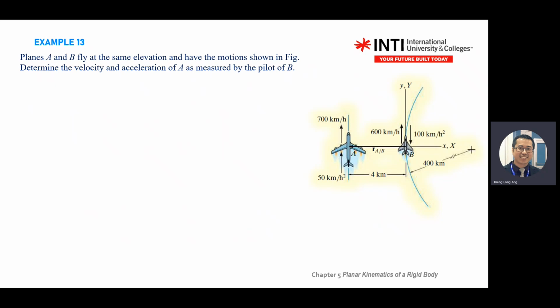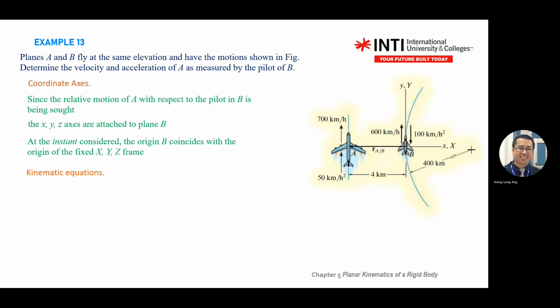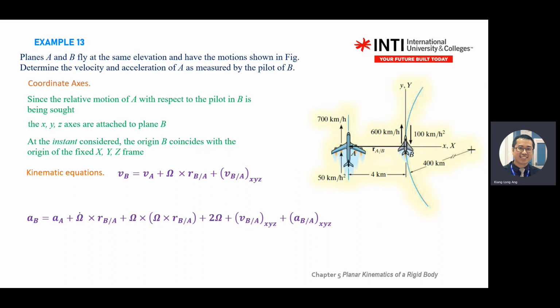So your equation will be seen as A relative to B, with the coordinate axis. So you use this equation: VB equals VA, then VB relative to A. You put in all these equations, and again, you memorize these equations and modify accordingly.